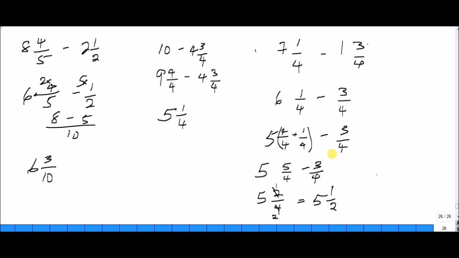Finally, we have 5 minus 7/15. We will change this 5 to 4 and 1, and we take the 1 and it becomes 15 over 15 minus 7 over 15.